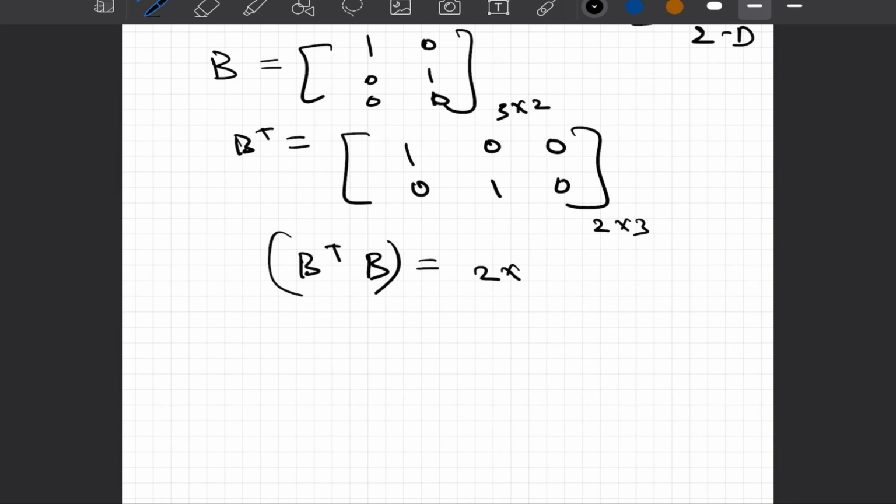It would be simply 2 cross 2. Since this is a square matrix and assuming that this is invertible, which is true in this case, we can always calculate (B transpose B) inverse.